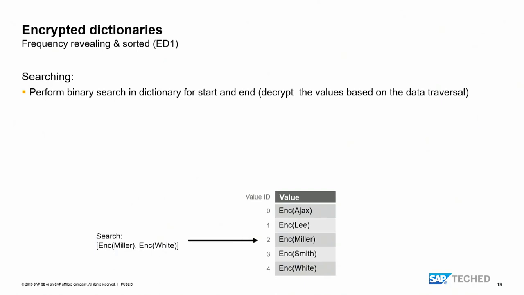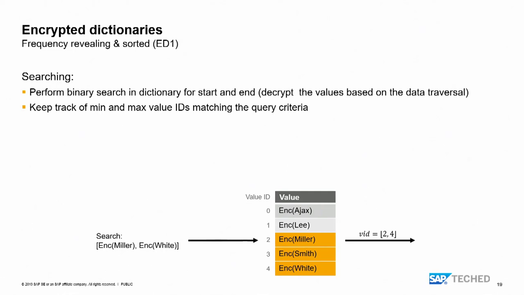This has to be done inside of a trusted environment, SGX in our case, because the values have to be decrypted, obviously, to see in the binary search if you have to go up or down. So we first search for Miller, we get the value ID of 2, and we search for White and get 4. So 2 binary searches. And we now know that our results are from value ID 2 to 4.